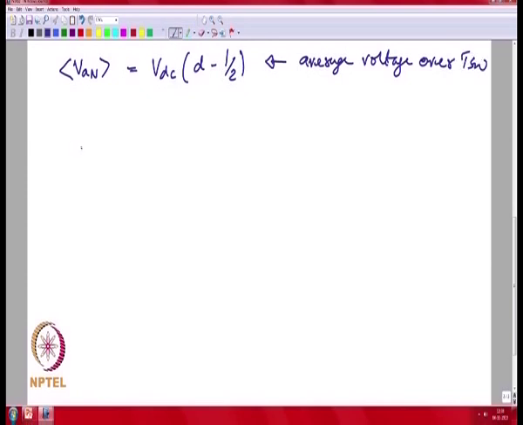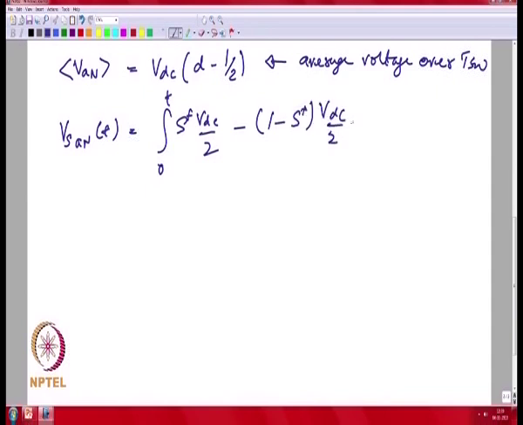If you look at the volt second on an A to N basis, you can describe it as the integral with respect to time of S plus VDC by 2 minus 1 minus S plus VDC by 2 d tau, where tau is the time with respect to which you are doing your volt second integration.